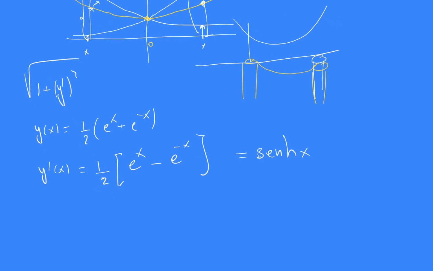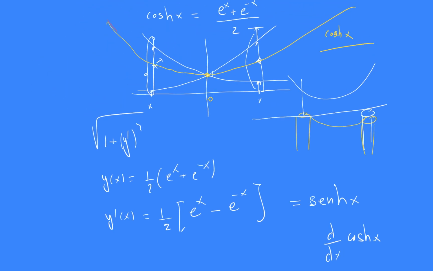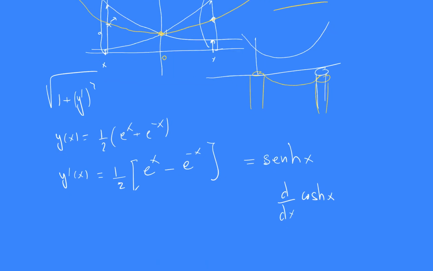So what we have discovered is that the derivative of cosine hyperbolic of x, where cosine hyperbolic of x is e to the x plus e to the minus x divided by 2, is equal to sine hyperbolic of x. Well, but this is not the problem.